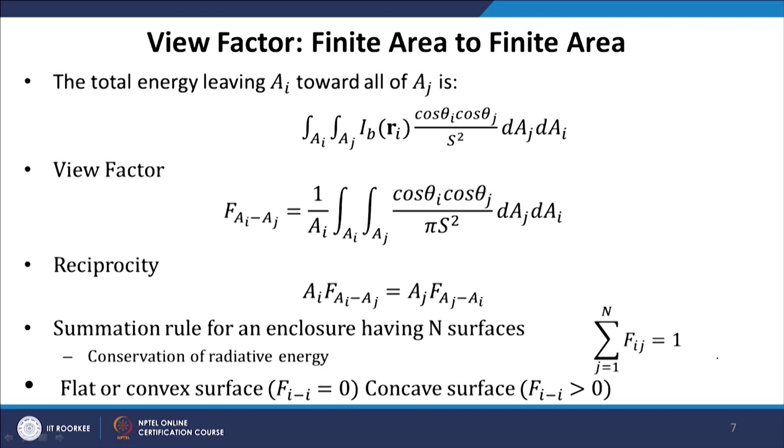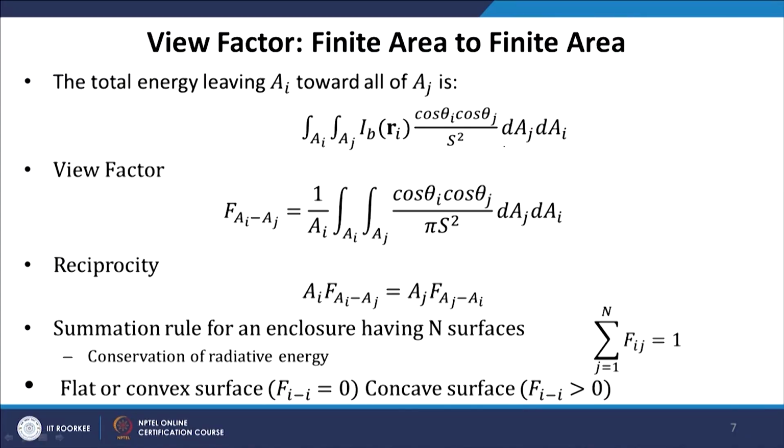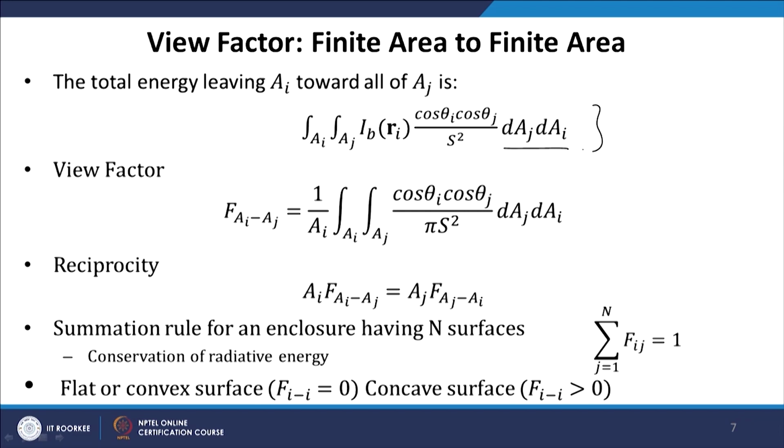Now, when we are trying to find out view factors between two finite areas, we have to do double integration, and this double integration has to take place over the entire surface Ai and surface Aj. So, the total energy emitted from surface Ai is Ib times cos theta i dAi, and this energy basically reaches the surface Aj. Okay. So, this is the total amount of energy between surface Ai and surface Aj.